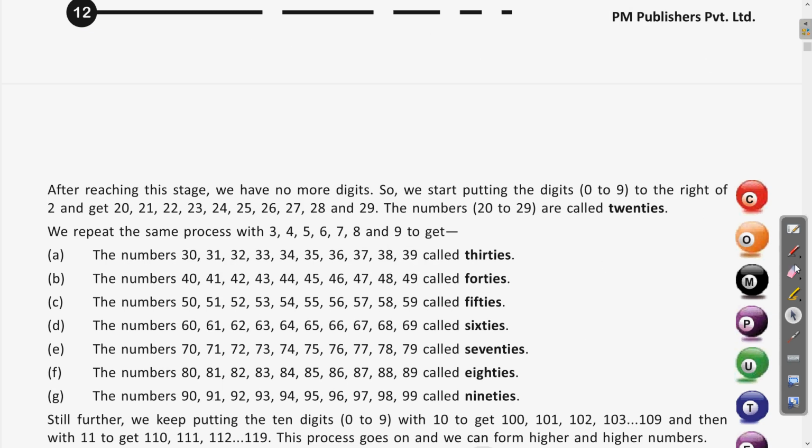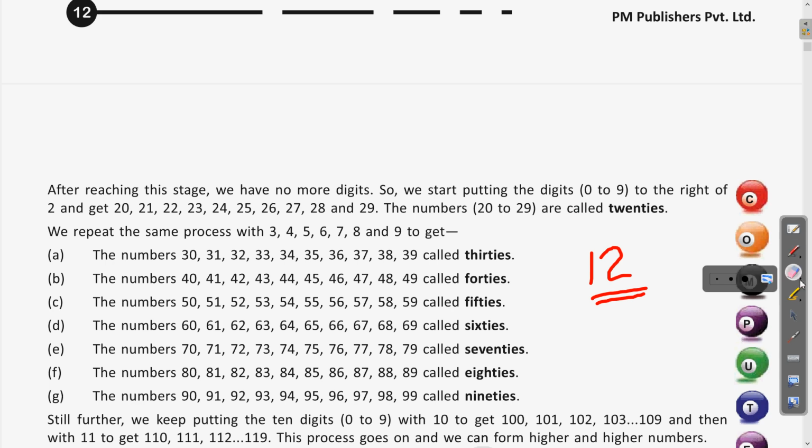So if I am writing 12, the 2 is the unit place and its value will be 2 only, but here 1 is 10 times of 2. So 10 plus 2 comes as 12. This way we form the numbers in the decimal number system.